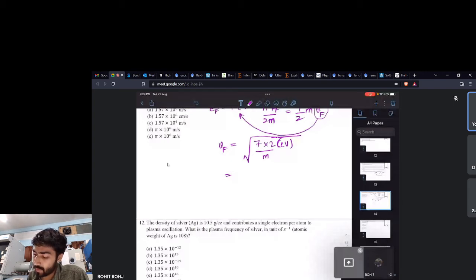If one evaluates this factor with the square root, it roughly comes out to be 1.56 into 10 to the power 6 meters per second. So the Fermi velocity would be option A, 1.57 into 10 to the power 6 meters per second.